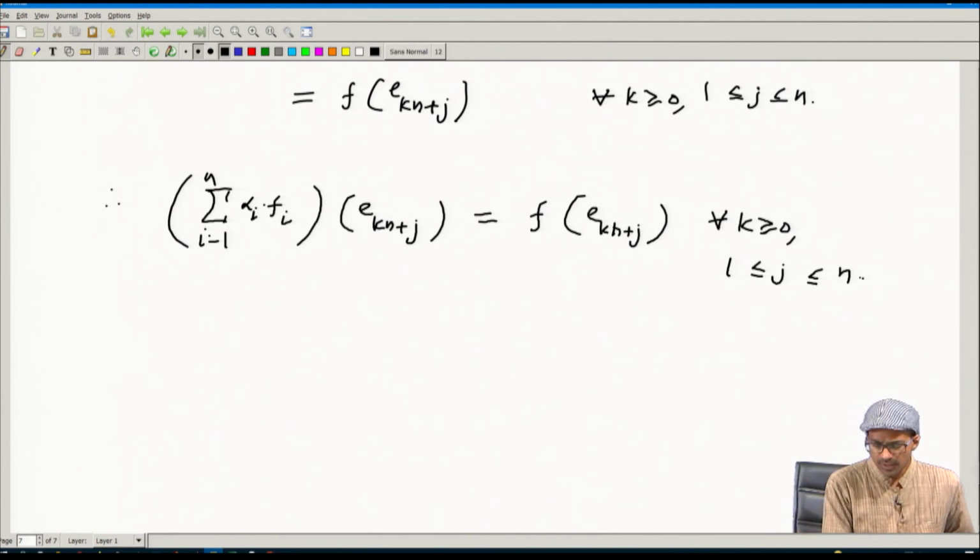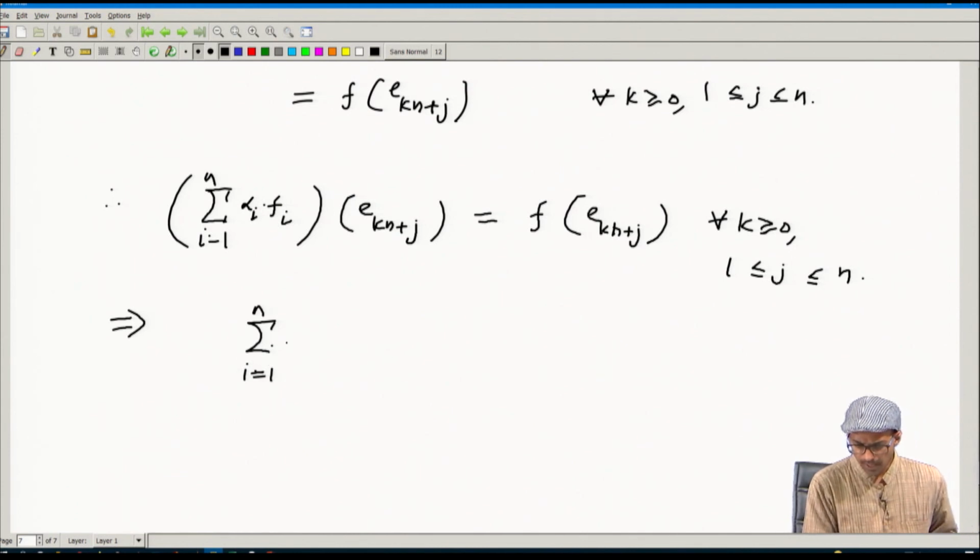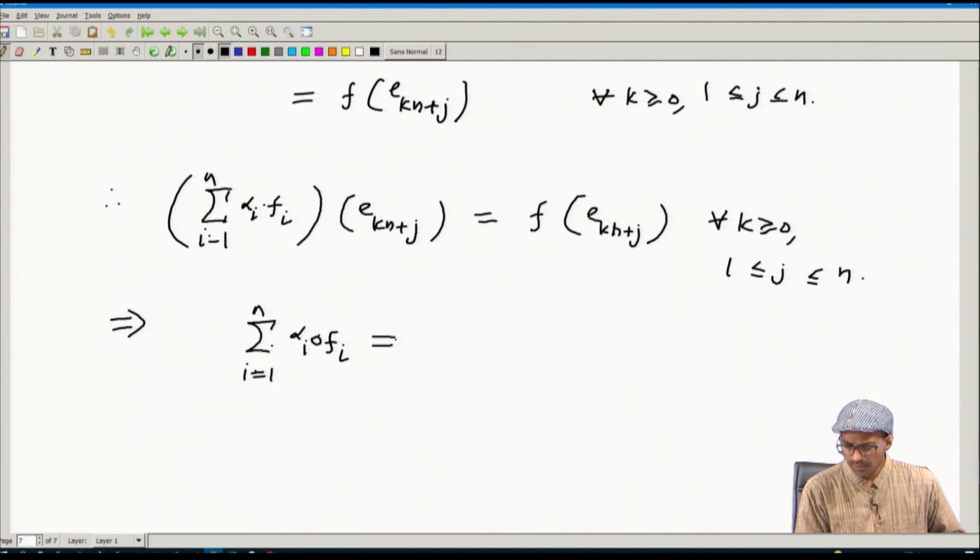So that means that the summation, i from 1 to n, of alpha_i composed with phi_i is equal to f. Therefore, f is a linear combination of phi_1, phi_2, ..., phi_n.